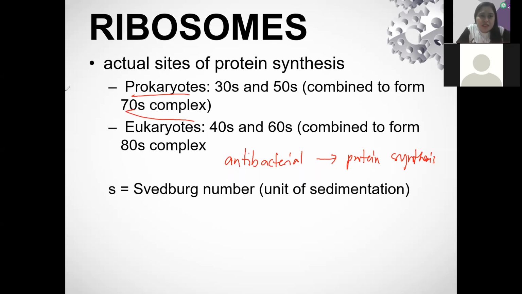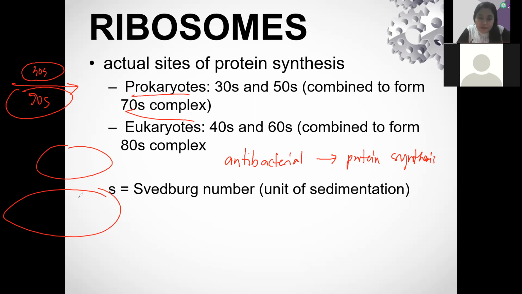Yung ribosome kasi class, meron siyang dalawang parts. The smaller one and then the bigger one. So the smaller one will be the 30S and then the bigger part is the 50S. So inside or sa gitna nito will be the site of protein synthesis. Yung sa eukaryotes, meron ding small size and then the big part. Pero the small one is called the 40S and then we have the 60S.